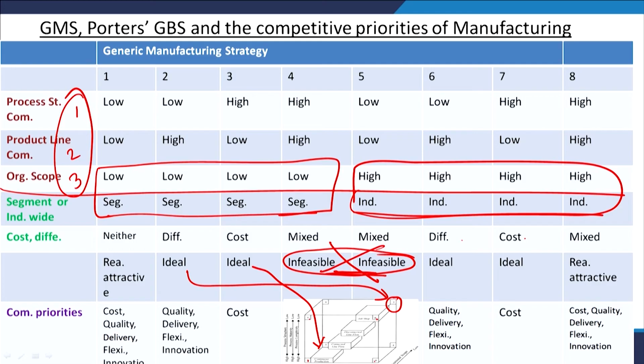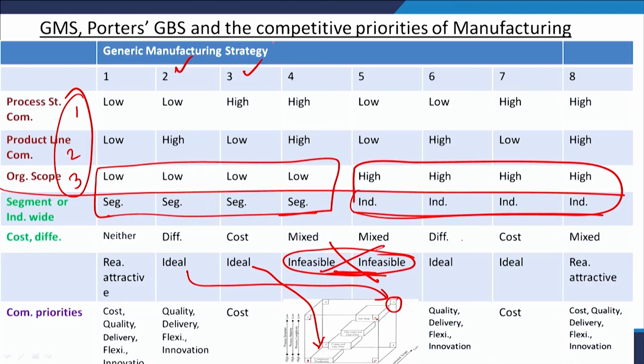So, the point is that when we are able to clearly identify what type of business strategy a particular manufacturing strategy is providing, those are the ideal combinations. When we are not able to clearly say whether it is a cost or differentiation type of advantage, we say that it is not good, or it is a reasonably okay kind of strategy.